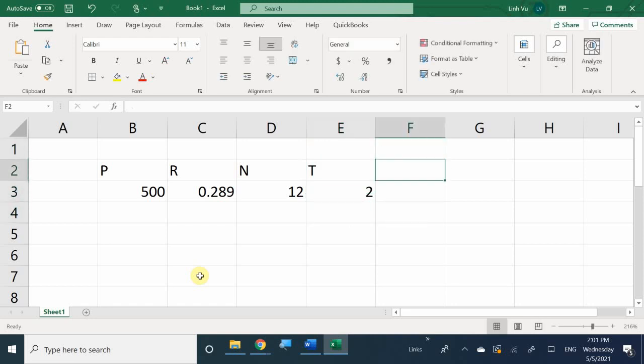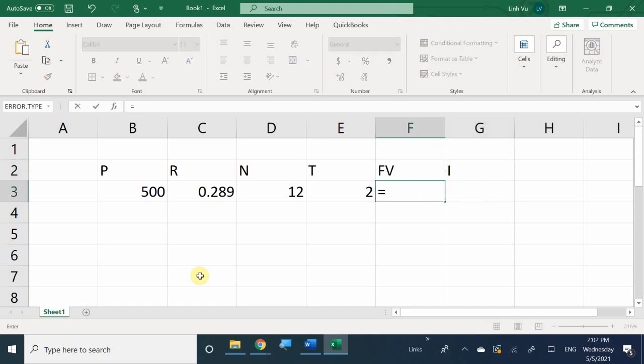So first thing that I'm going to solve for is obviously our future value before we can solve for interest. So if you guys remember the formula, what's the formula? You're going to take the principal times, and then in parentheses 1 plus the rate divided by the number compounded.